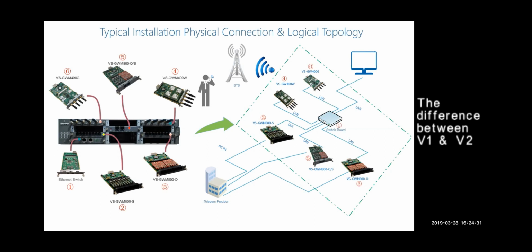That means it's a complete individual system, and each board has its own IP address. So there are 5 boards. That means you will have 5 systems and you will have 5 IP addresses. So it's kind of complex. Complex to manage all the 5 boards, right? You have 5 IPs to manage 5 boards. It's not easy.